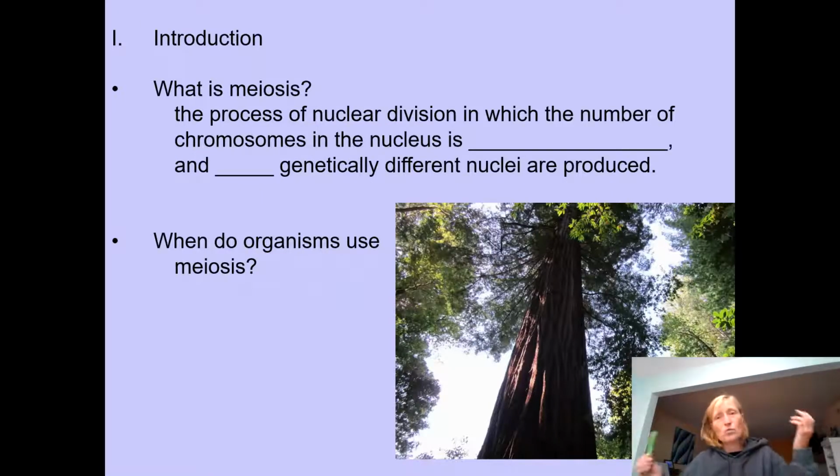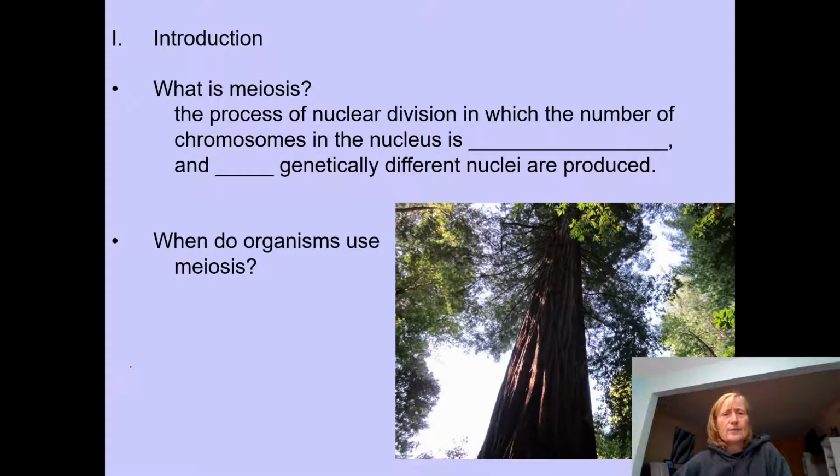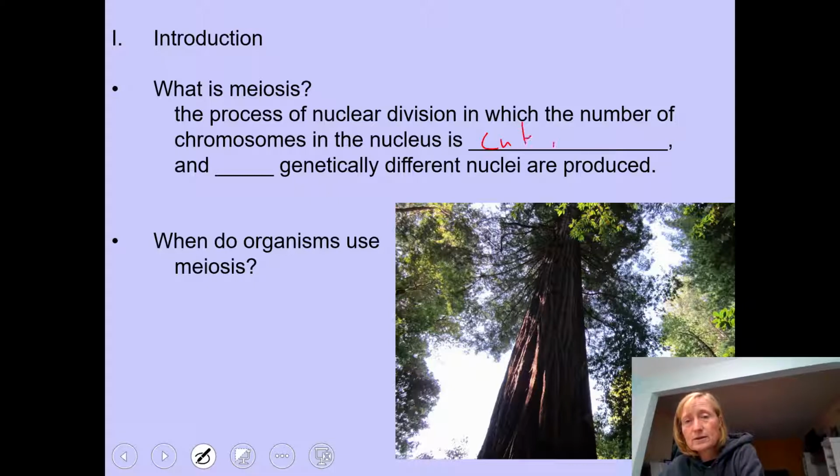The first question is, well, what is meiosis, right? What happens in meiosis? Meiosis is the process of nuclear division, so we're thinking about what's happening in the nucleus. A nuclear division in which the number of chromosomes in the nucleus is cut in half, all right?